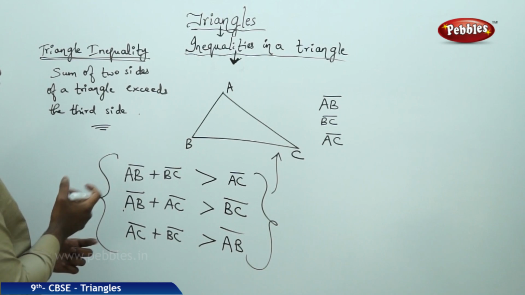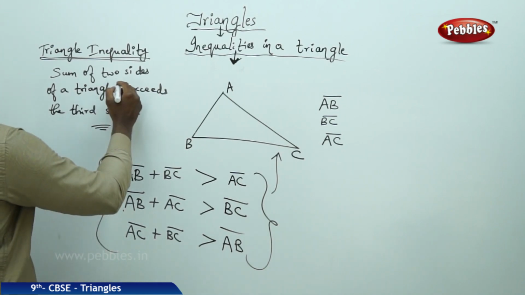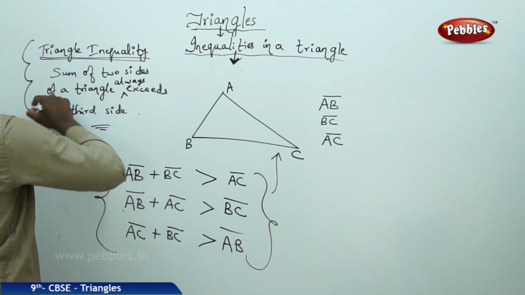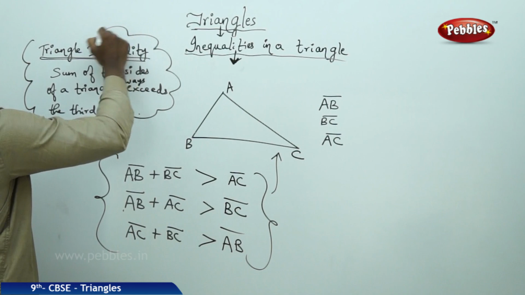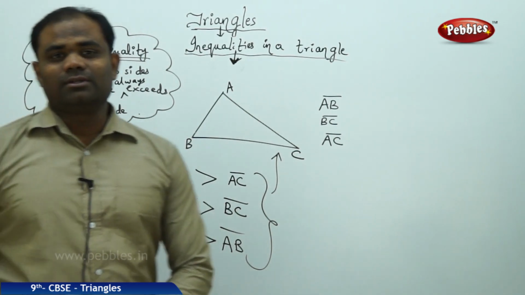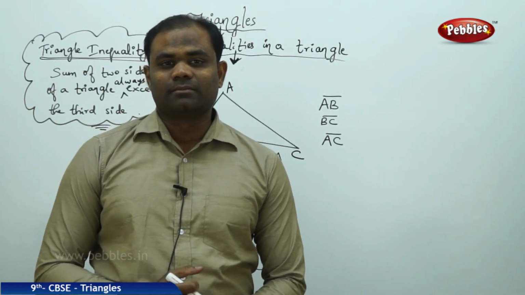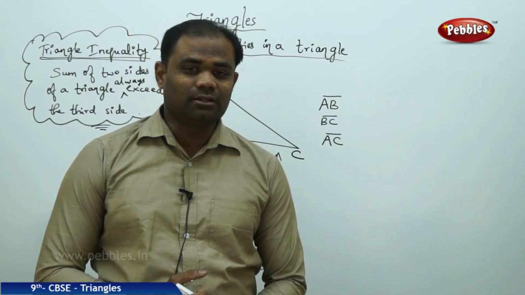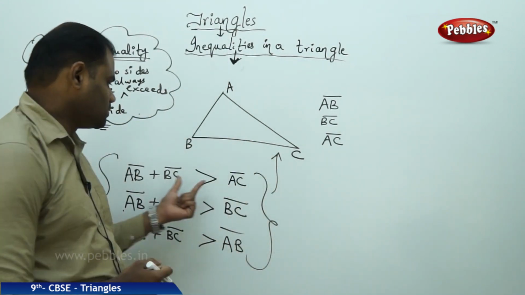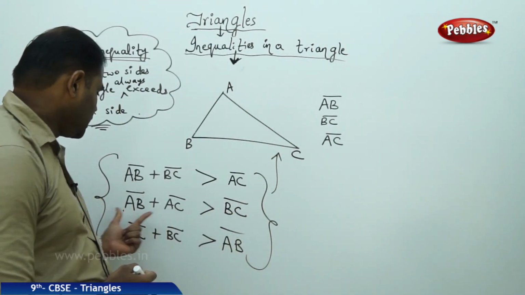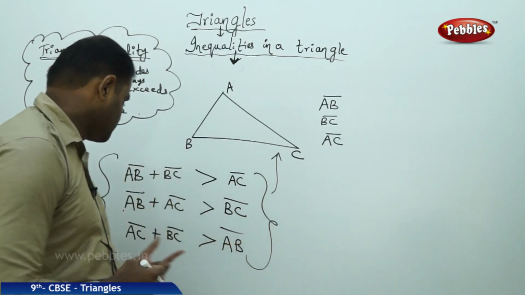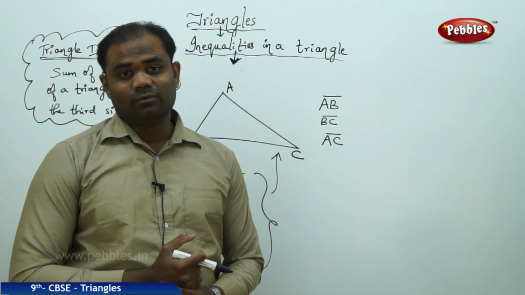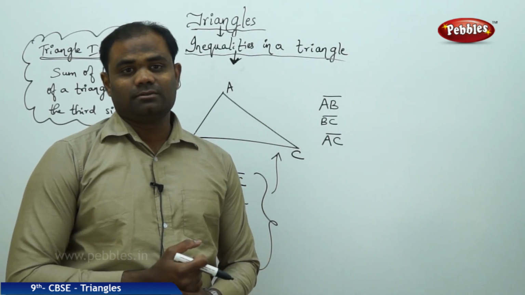Therefore, the sum of two sides of a triangle always exceeds the third side. This is how I connect the triangle inequality in the triangle ABC. Sum of two sides exceeds the third side. Triangle inequality: AB plus BC greater than AC, or AB plus AC greater than BC, AC plus BC greater than AB. That's how we see the triangle inequality.